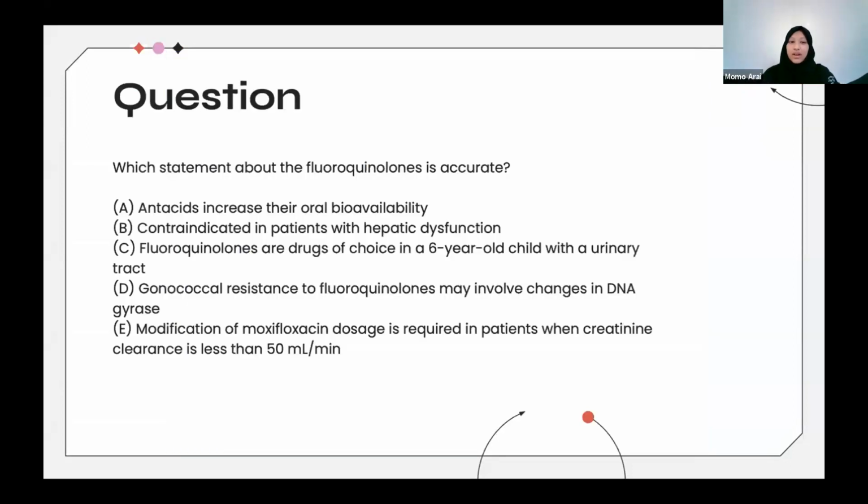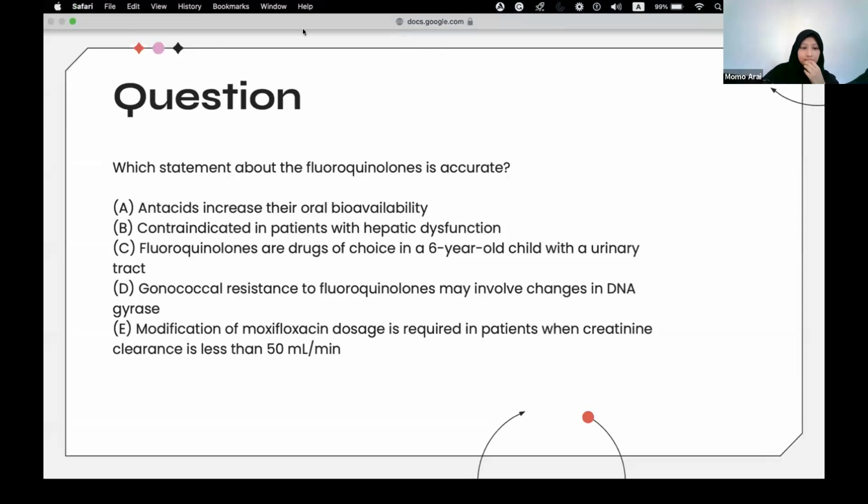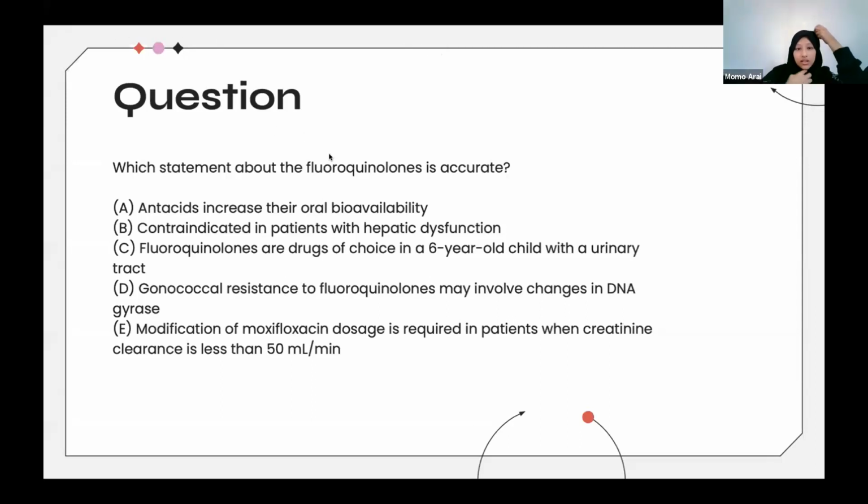Which statement about fluoroquinolones is accurate? These are all properties of fluoroquinolones, but only one of them is right.